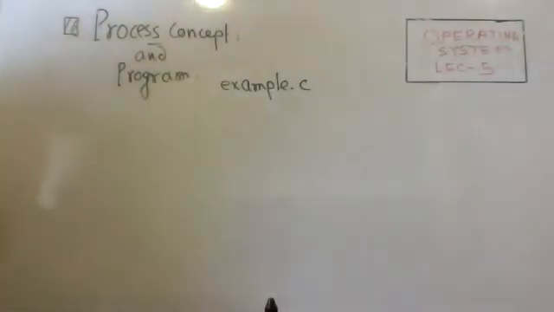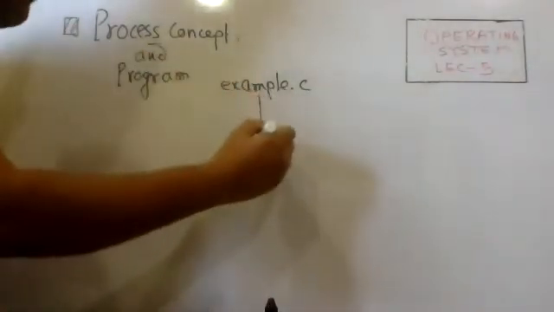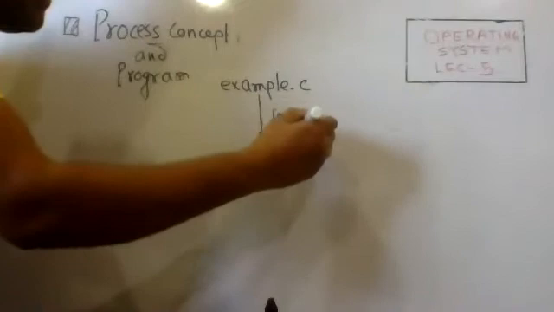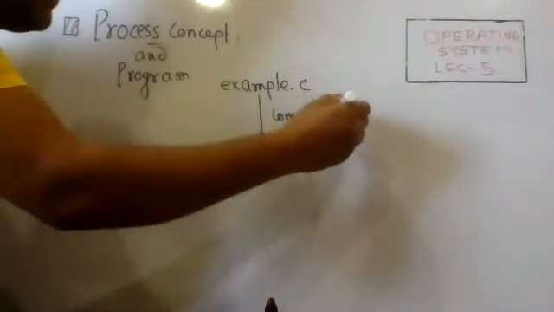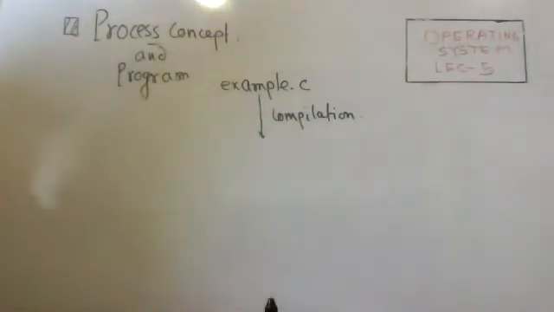After compilation, it gets converted into a machine executable code and this executable code is loaded into hard disk or secondary memory.